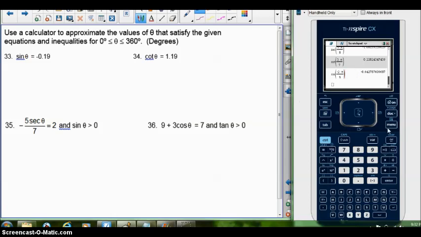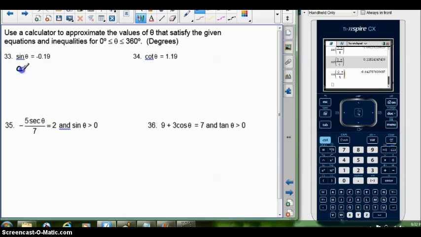Sine of theta equals negative 0.19. First we isolate the variable. We're going to look for our reference angle, which will be the inverse sine of 0.19.